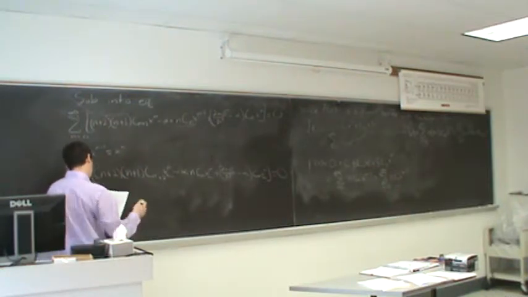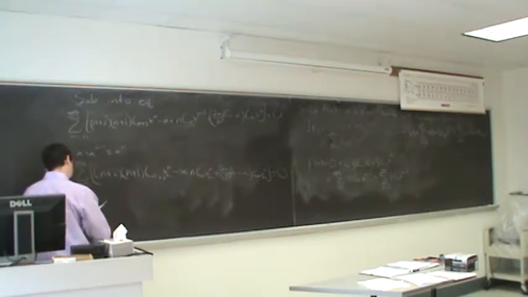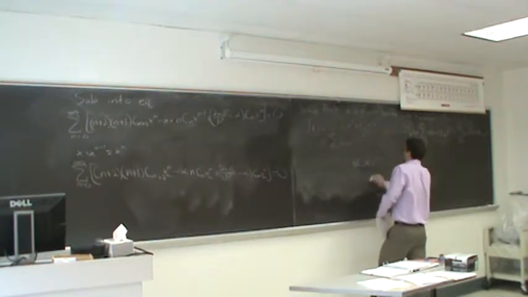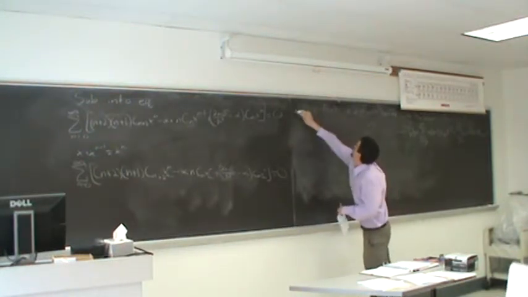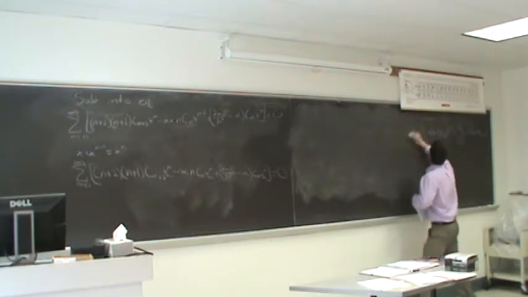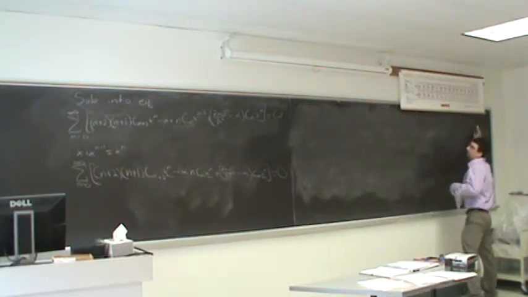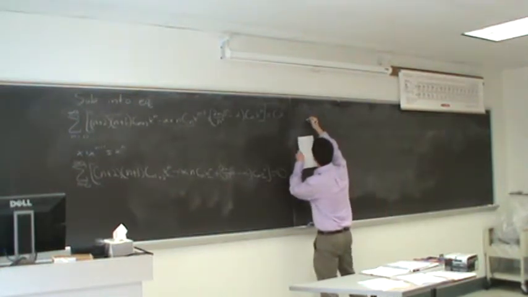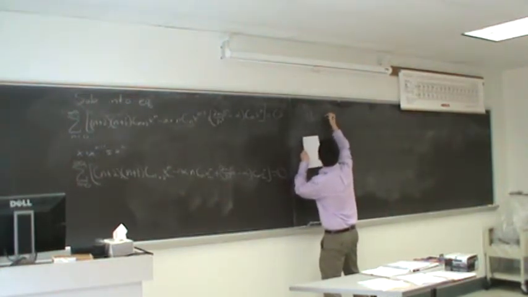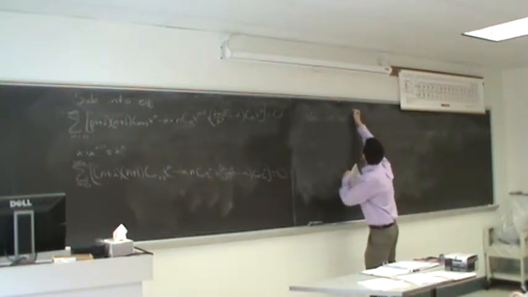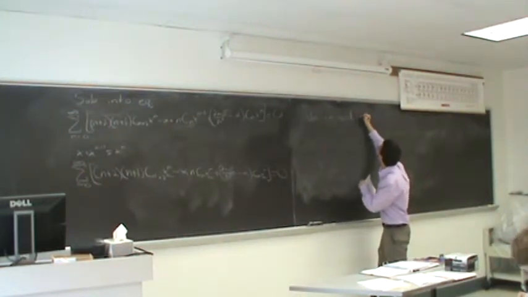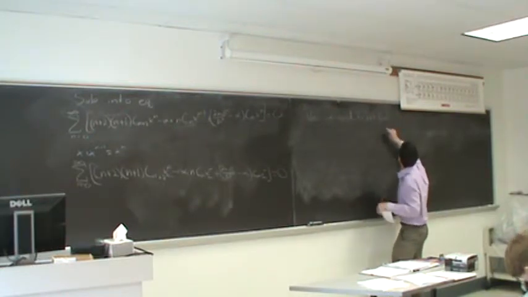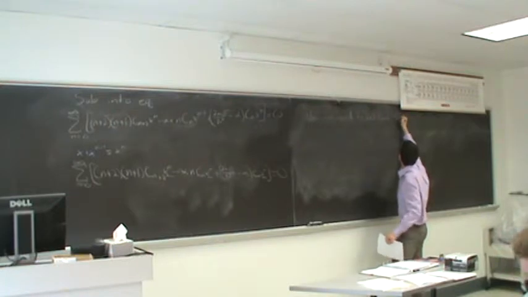So really what we end up with is this guy. So we pulled that x to the n out. Now we need to get those coefficients, c sub n plus 2 and c sub n.